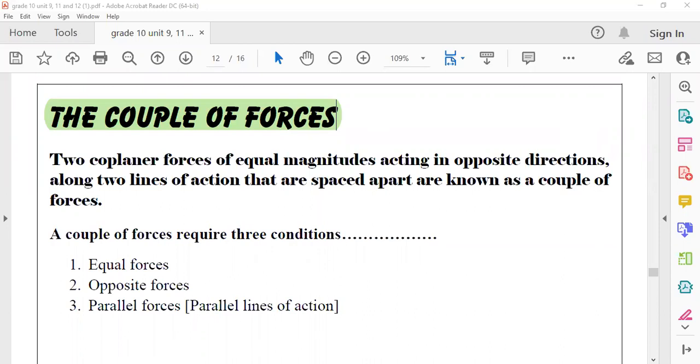Okay. So, a couple of forces has three things. If three conditions are fulfilled, then it will be a couple of forces. What are the three things you are given? There should be how many? Two forces and three conditions. What are the three conditions?